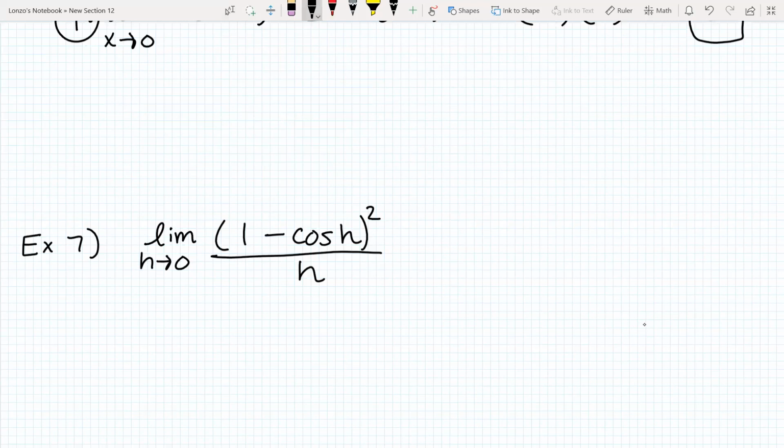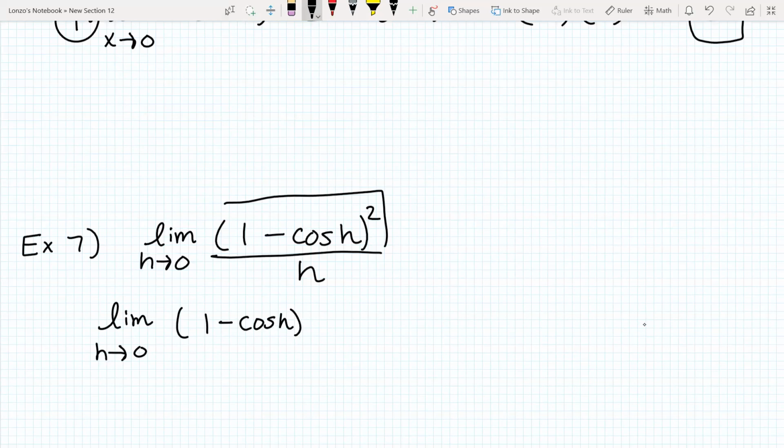Example 7 says the limit as h approaches 0 of 1 minus cosh, that's not cosine, cosh squared, all over h. So what I would do is rewrite the problem. The limit as h approaches 0, so this part here can be written as 1 minus cosine of h times 1 minus cosine of h all over h.